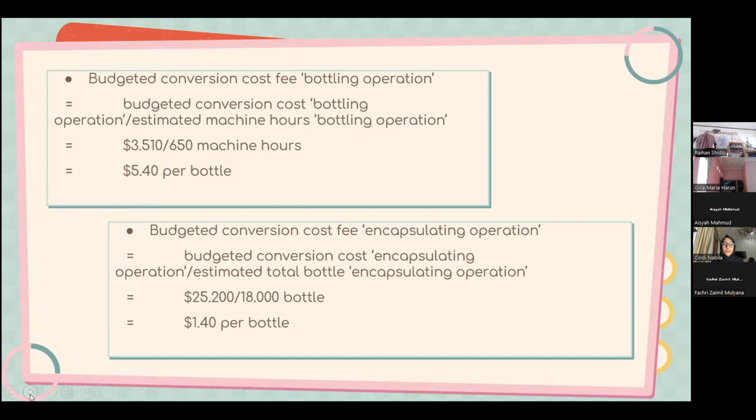And then we have the budgeted conversion cost fee for encapsulating operations, which is the budgeted conversion cost for encapsulating operations divided by the estimated total bottles for encapsulating operations, which is $25,200 divided by 18,000 bottles, and then it equals $1.40 per bottle. Next.